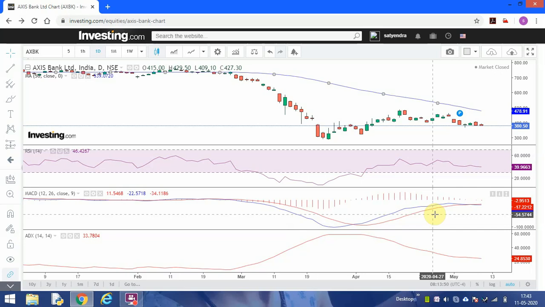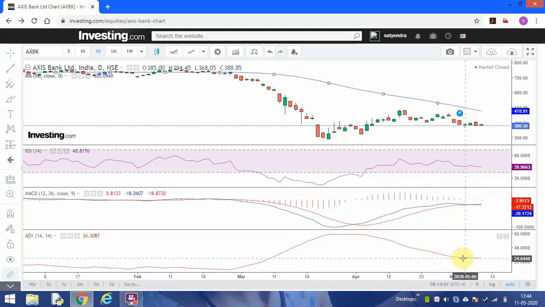MACD will let you know whether it is above the zero line or below the zero line. If the histogram is going down, it means the share is going down. Then ADX is above 25, and since the trend is a downtrend, it is telling you it is bearish. So this stock is bearish.